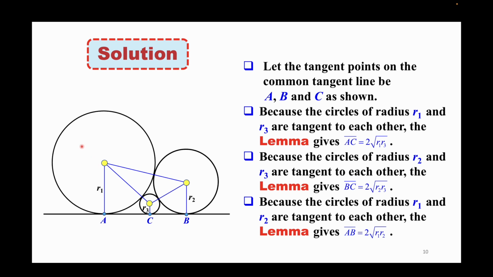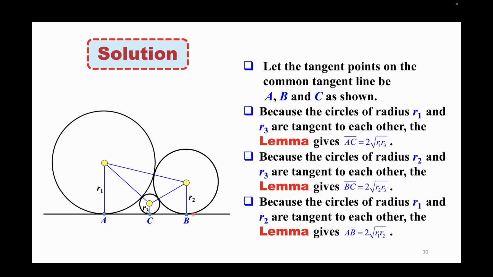Now, from a circle of radius R1 and a circle of radius R3, from the lemma, we know the distance AC is equal to twice the square root of the product of R1 and R3.